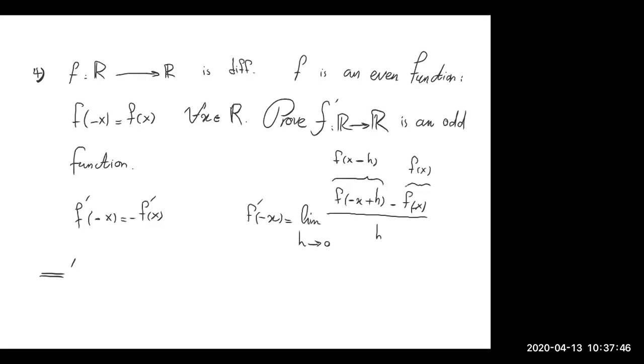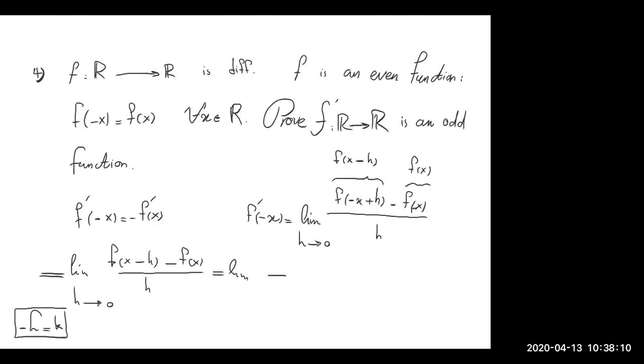So this thing is equal to the limit of f of x minus h minus f of x over h when h goes to 0. But here, if instead of minus h we write k, if we do a change of variable, we would get the limit of f of x plus k minus f of x over minus k, where k goes to 0.